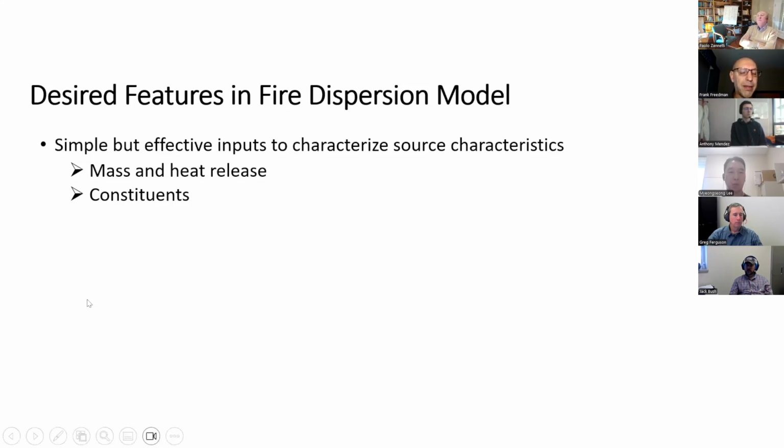But a lot of times it's not possible to run those more complex characterizations because we just don't know the information. So with practical application, you want a more simple way oftentimes to characterize the fire itself, how much mass and heat is released, and the constituents. So that's why things like pool fires are useful, because they're very simple in their geometry.